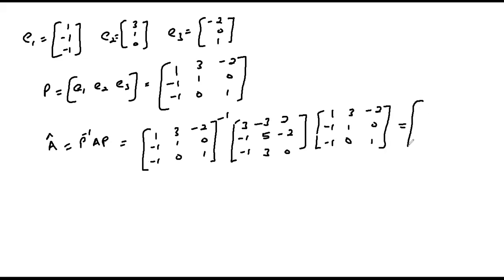If you evaluate this matrix computation, then the matrix A hat will be a diagonal matrix 4, 0, 0, 0, 2, 0, 0, 0, 2.